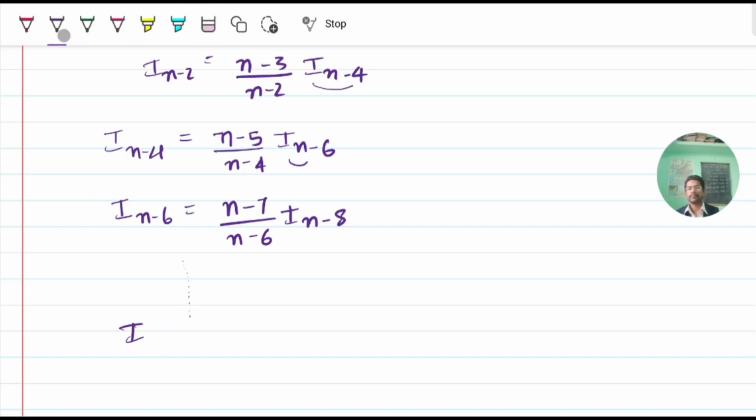For I3, which is equals to (3-1)/3 into I_{3-2}, which is equals to 2/3 I1, right?